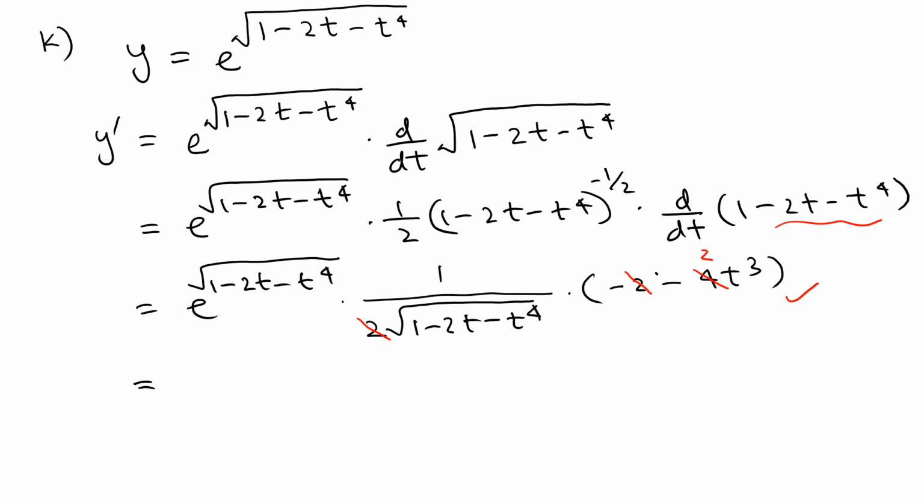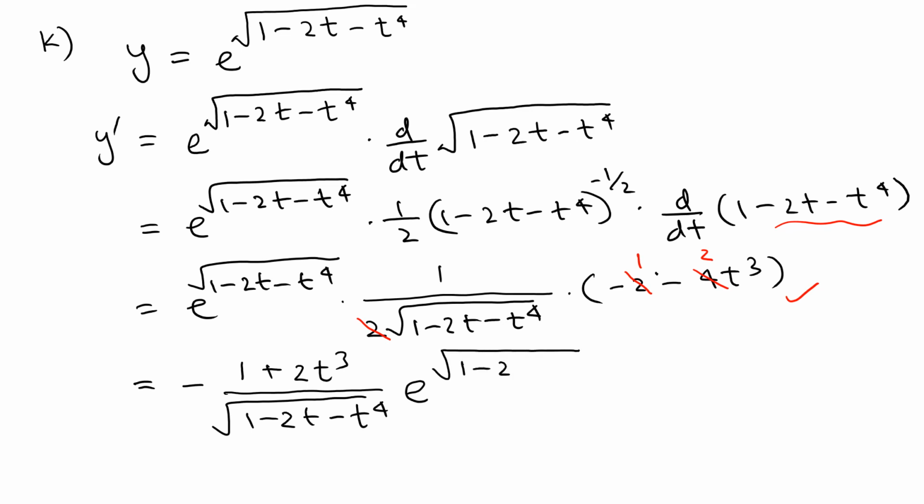And we can also pull the negative sign out. That means your final answer is negative. So once you take 2 out, you're going to see that we have a 1 here, so that means your answer is simply 1 plus 2t cube divided by 1 minus 2t minus t to the 4 square root times e to the square root 1 minus 2t minus t to the 4.